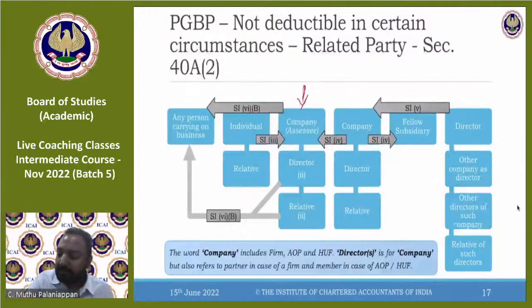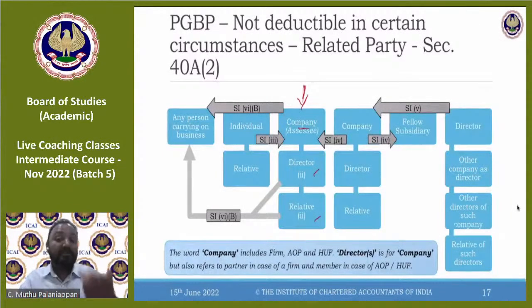So what I'm saying is, if a company is the person, that is, the assessee is a company, who are all the related parties? A director is a related party. Relatives of the director are also related parties. So for a company, directors are related parties.